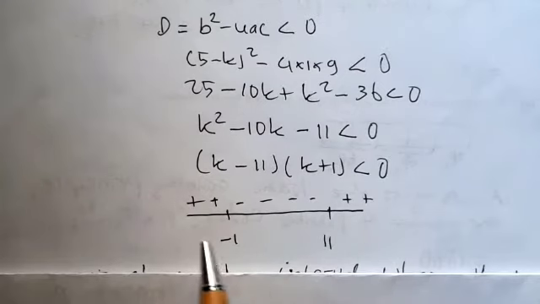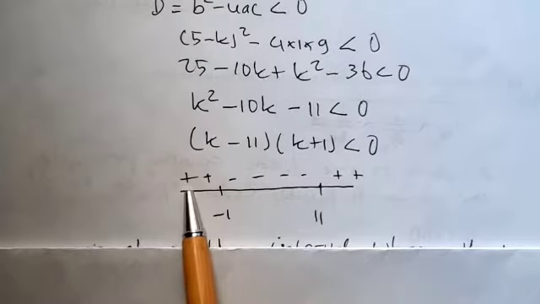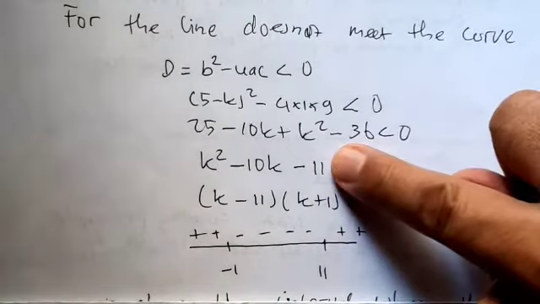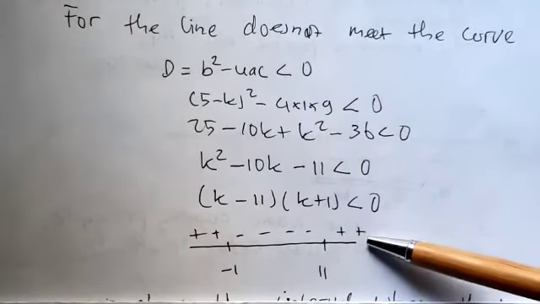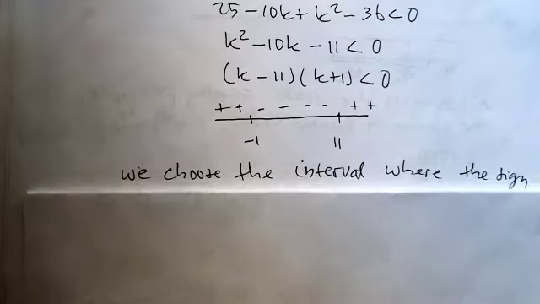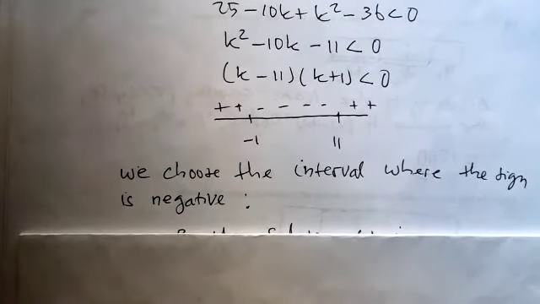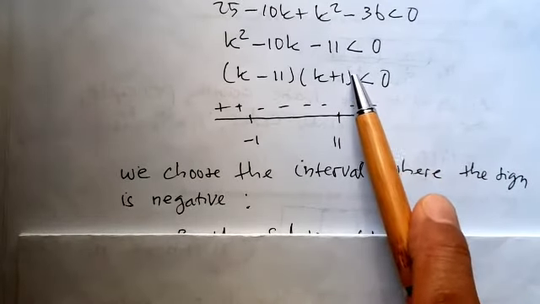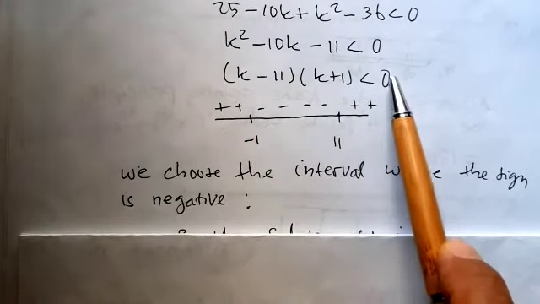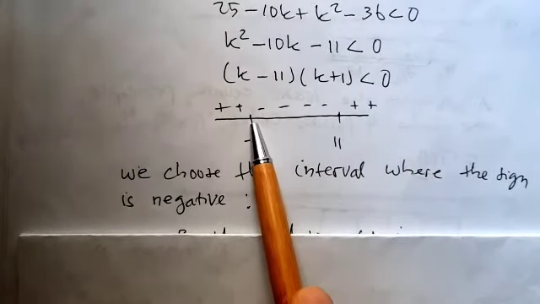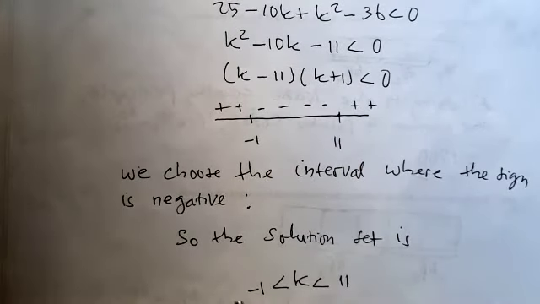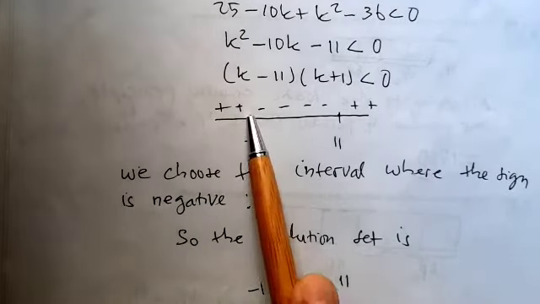You can check by substituting k as minus 2 in that expression, you will have a positive sign. Then we choose the interval where the sign is negative, because the inequality is less than 0. So the solution set is k in between minus 1 and 11.